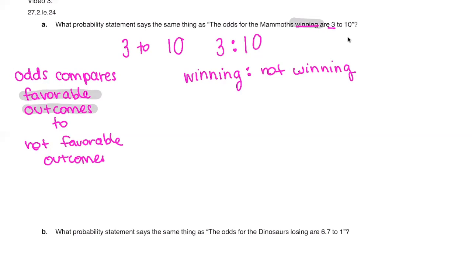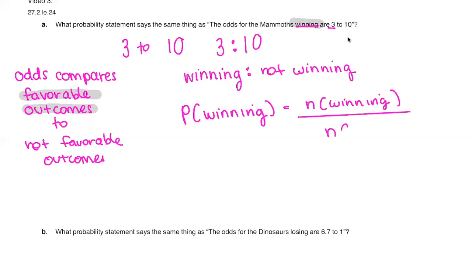When we're talking about probability of winning, let's say, we talked about this before. That's the number of times you have winning over the total sample space. Well, in a sample space, thinking about winning and not winning, in probability world, for this odds comparison, all you have is winning and not winning.